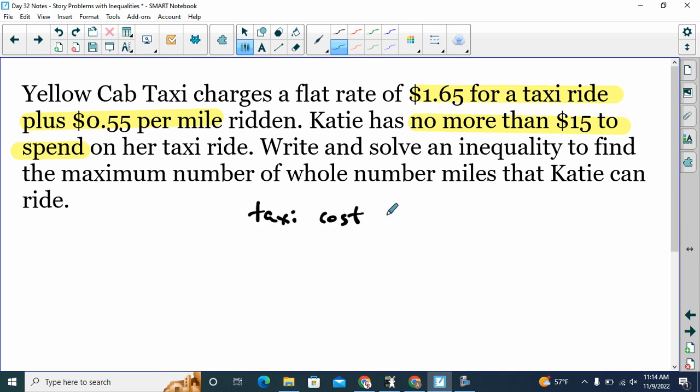Cost of a taxi, we want to compare that to the $15 that she has. We need to think about which of these needs to be more. Well, her taxi cost can't be more than 15, so 15 has to be bigger, or she could spend all $15.